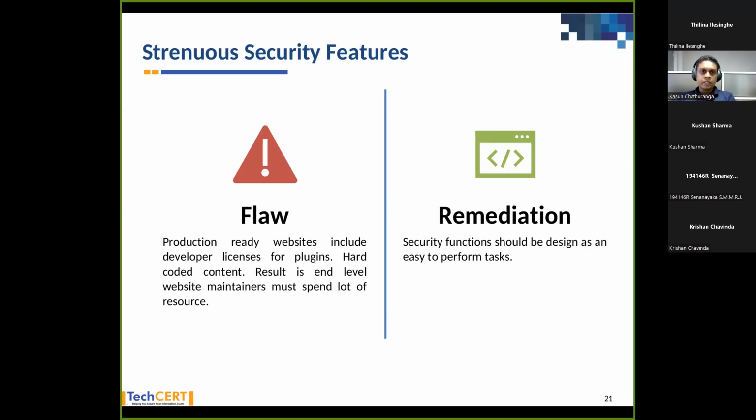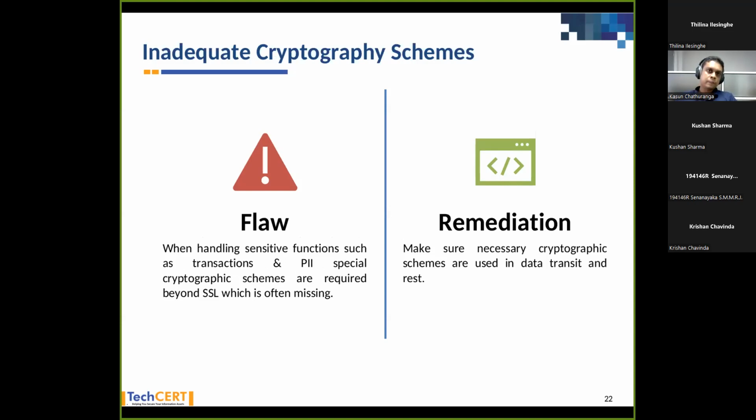So the idea is security functions should be designed as easy to perform and as less time consuming as possible. That's one major thing you need to adhere to when you're designing security for any web application or website.